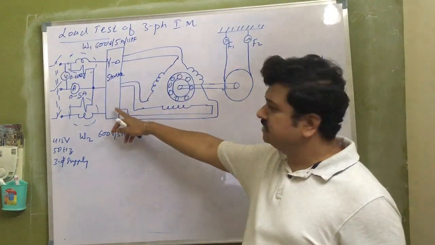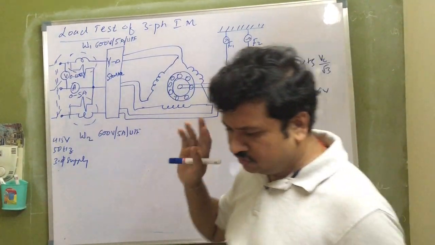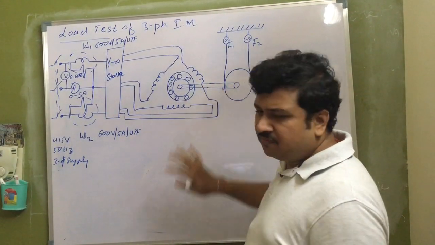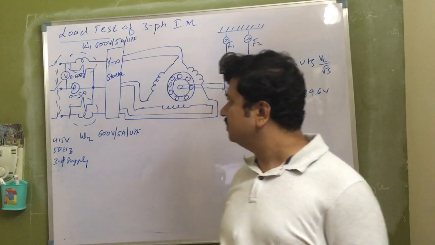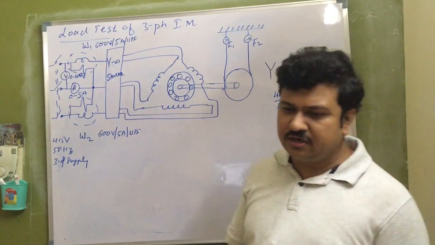Generally, you remember, the stator of a squirrel cage induction motor is connected in delta, and the stator of a slip ring induction motor can be connected in star.